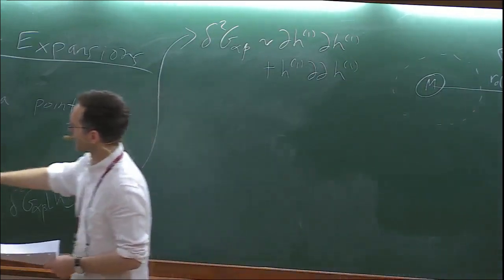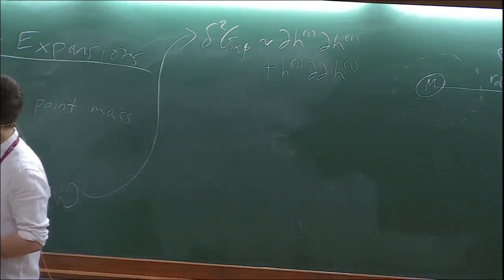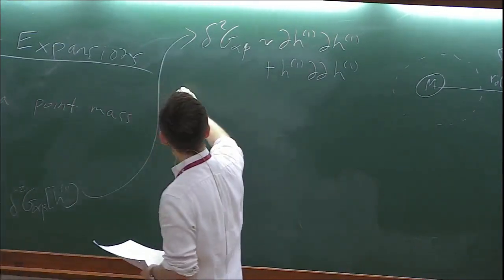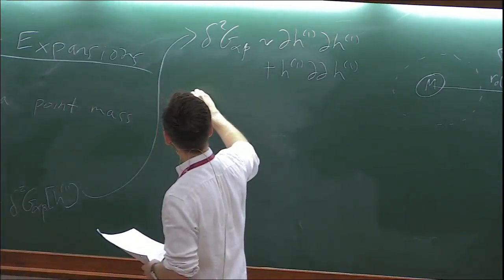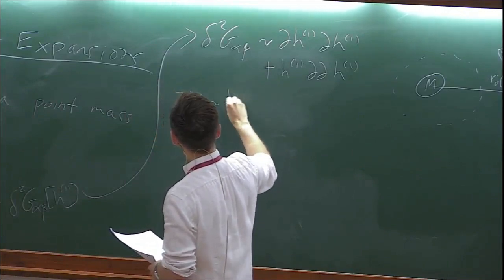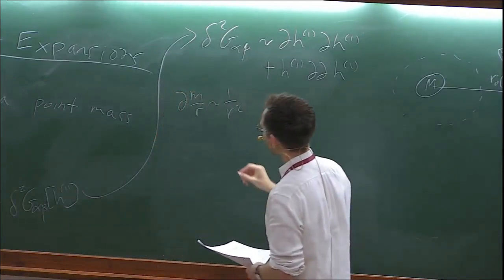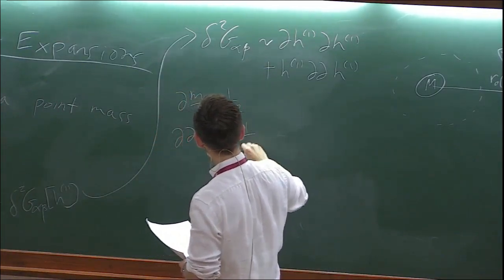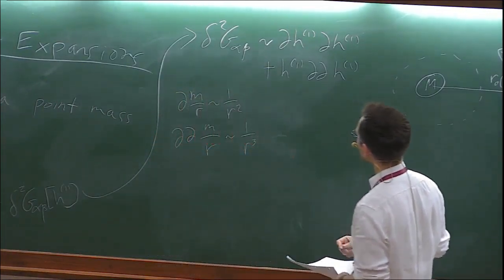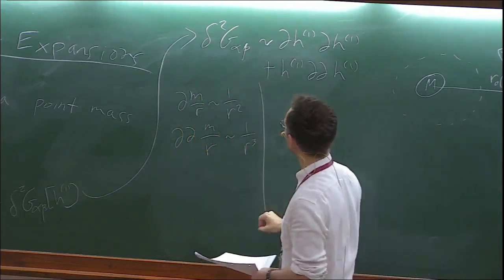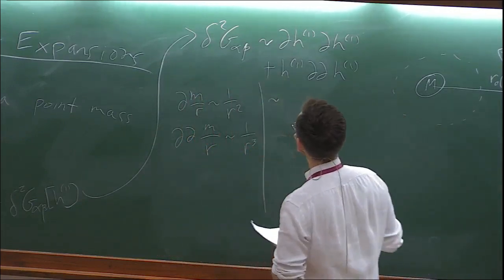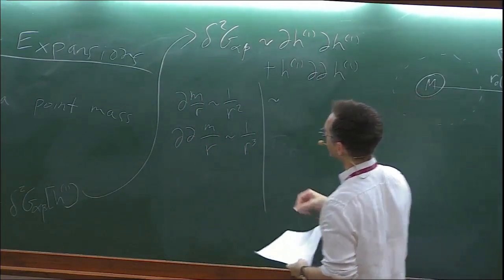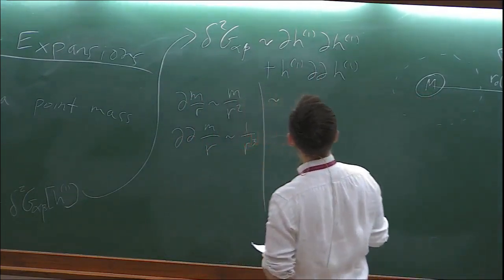Now, if we put in H1 is m over r near the particle, well, a derivative of m over r is like 1 over r squared. Two derivatives of m over r is like 1 over r cubed. So here we have 1 over r squared multiplied by 1 over r squared. Put that m back in.